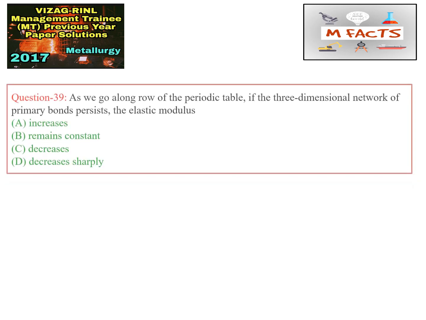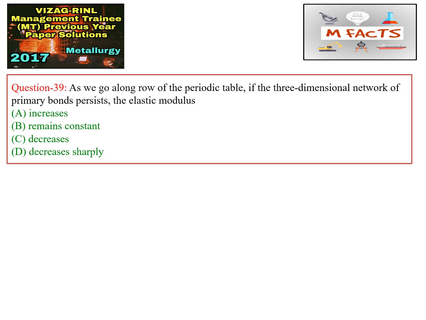Next question is: as we go along a row of the periodic table, if the three-dimensional network of primary bonds persists, the elastic modulus. We know, in one of the previous WISEG RNL videos, I have already told you the elastic modulus relation with each element in column and row. Elastic modulus depends on the bond strength basically.